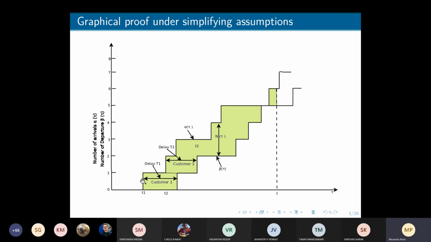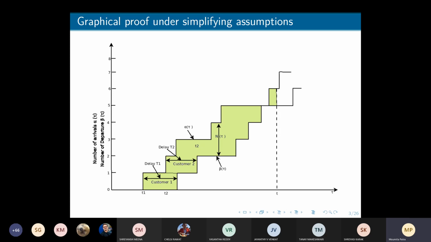It means customer 1 enters into the system at time T1, and then leaves the system at this point of time. So the amount of time that the customer actually spends in the system is this much. That is T1. Ti was representing the amount of time that a job or a customer spends in the system.